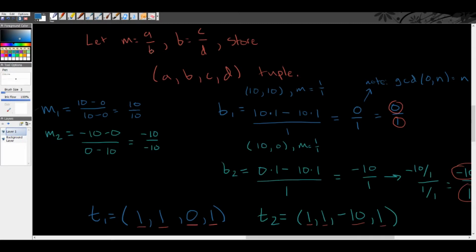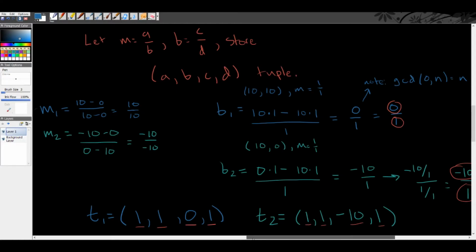So if we let m equals a over b and b equals c over d, we can store a, b, c, d as a tuple in Python, obviously, and I'm sure there are tuple equivalents in other languages. And just a reminder, we've computed m1, and this would be 1 over 1, and m2 is 1 over 1. And then b we can compute with the equation just seen.